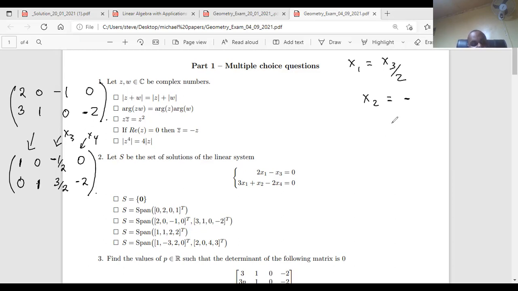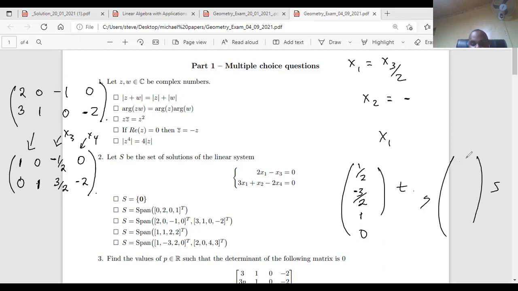So I got a half, minus 3 divided by 2, 1 and 0, times t, plus s times 0, 2, 0, 1.